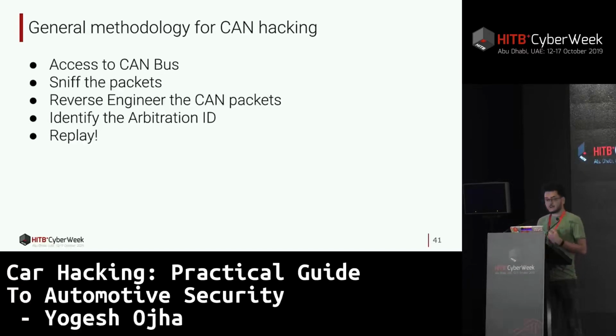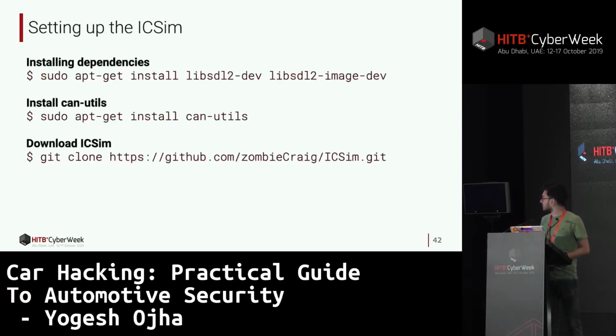What I generally use is first I do a candump, and then divide the candump into two halves, and find out whether the tachometer going up or down is in the first half or the second half. This is generally called binary search. Once you identify the arbitration ID, you can perform the replay attack and see whether that ID is actually the one doing it or not.